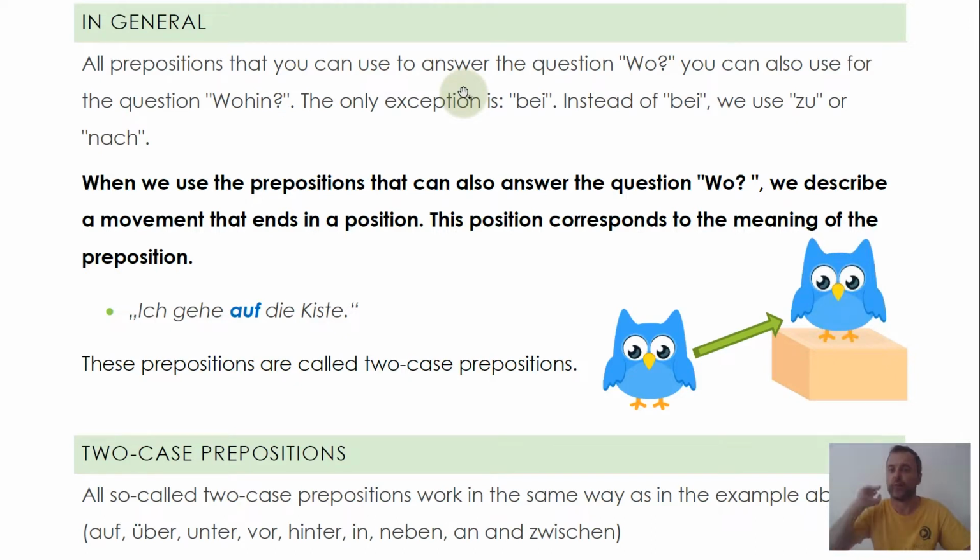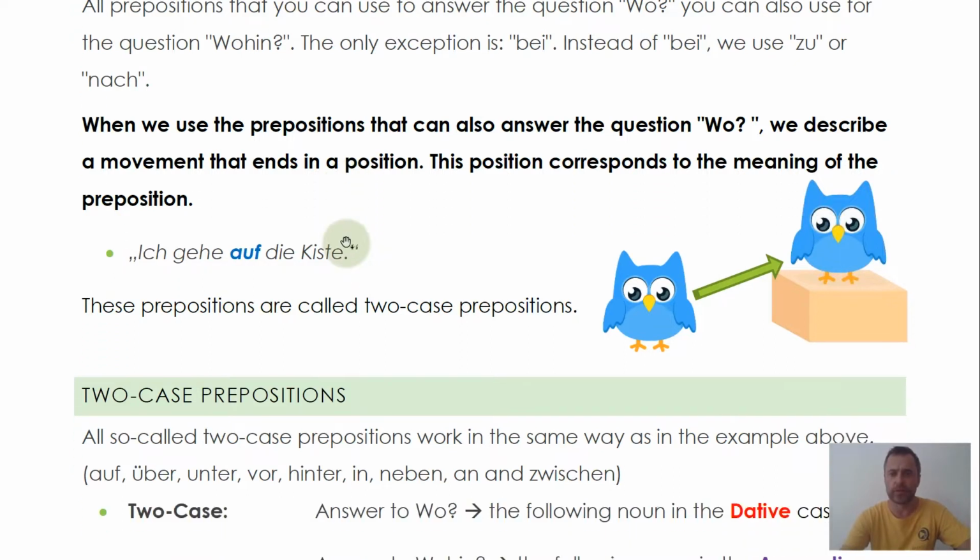If you've forgotten them or don't know them, check out my video about the prepositions answering the question wo that I link for you in the info cards, because those are exactly the same here except for by. By we cannot use for answering wohin. We have to use zu or nach instead. When you have to use zu, when you have to use nach, more about that later.